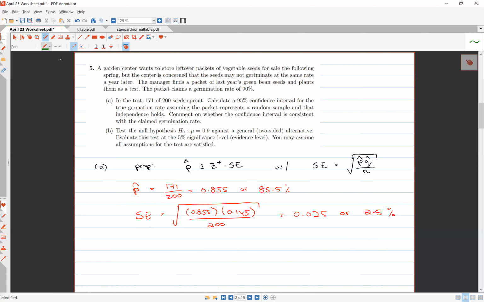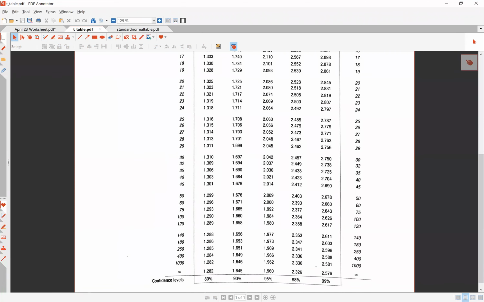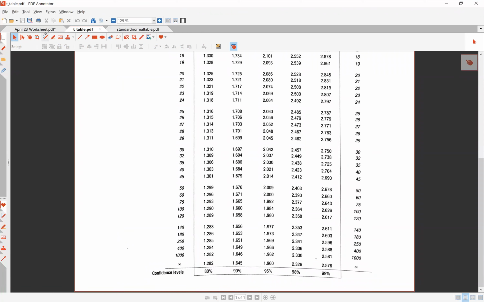And finally, we need to find our Z star value. Now, Z star for a 95% confidence interval corresponds to the value 1.96. And this is where I said you can cheat the system a little bit. You can actually use your t-table, which is used for confidence intervals. But on the t-table, just scroll all the way down to where you have an infinity, because on the t-table, the infinity corresponds to a normal distribution.